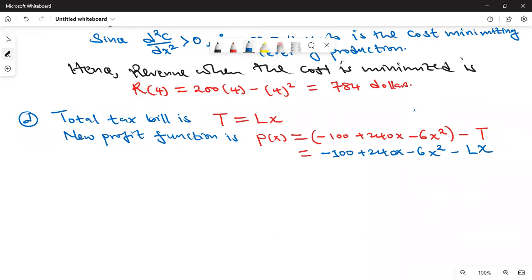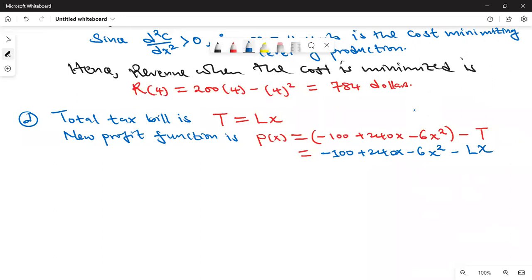That is the tax. So again, initially we got the profit maximizing level of production. And once you introduce tax in the equation, that profit maximizing level of production has to change. So again, we need to know what is the new profit maximizing level of production.